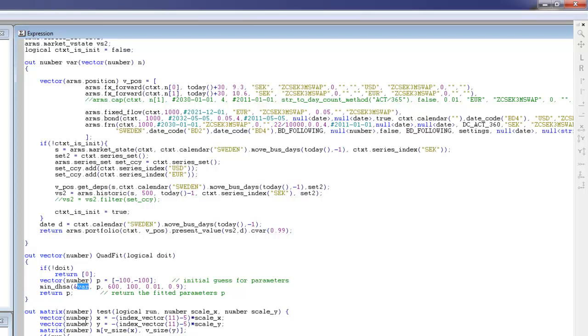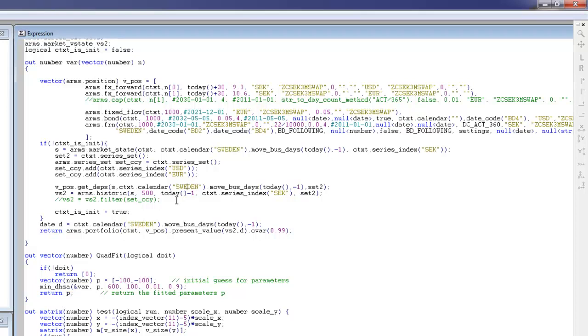So we take the VaR function with the P, with the starting values minus 100, minus 100, and we let this work, and we return the optimal values if it finds the fitted parameters P. And then we can test this by entering these into the function that's connected here.